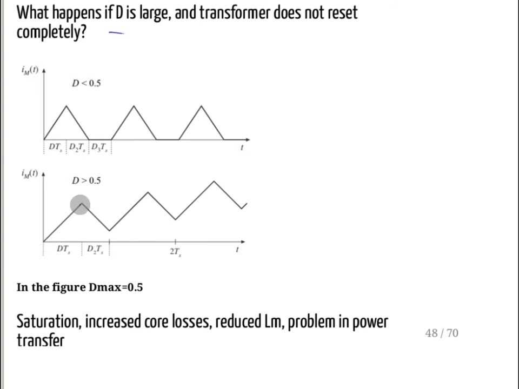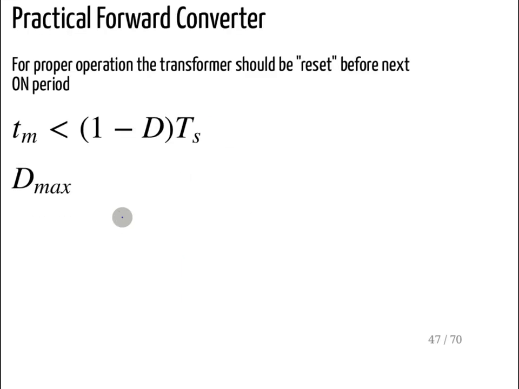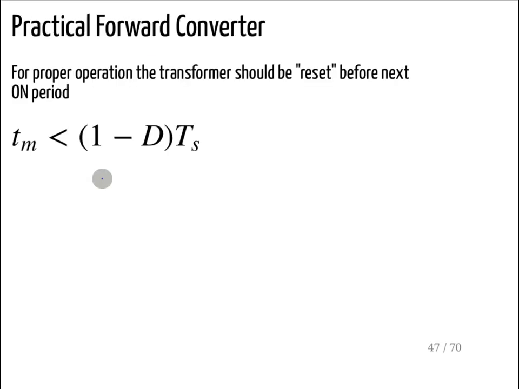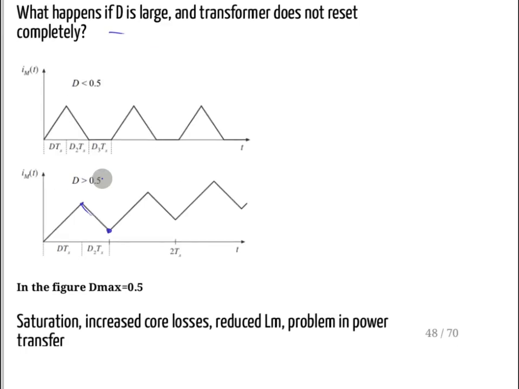But if you don't discharge completely, you will end up at a slightly higher ILm. Even if it doesn't destroy your switch, that will create a higher flux density. And in the next step you are adding on top of that, so you end up with even higher flux, so you end up with higher current.